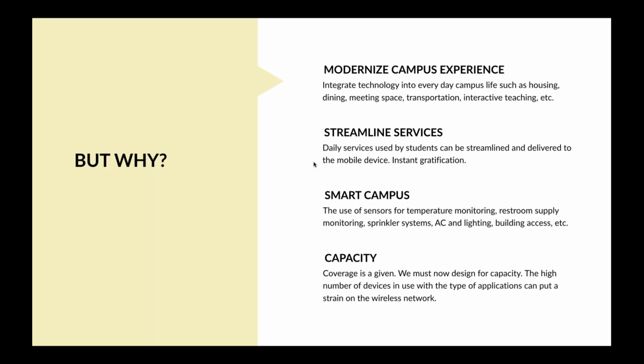And then lastly, I always like to talk about capacity because on a campus, there are lots of high density areas that require capacity planning. And the difference there being we have the high density areas, but maybe it's the type of applications that's being used in that environment.